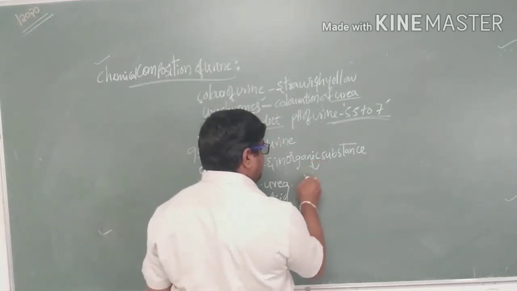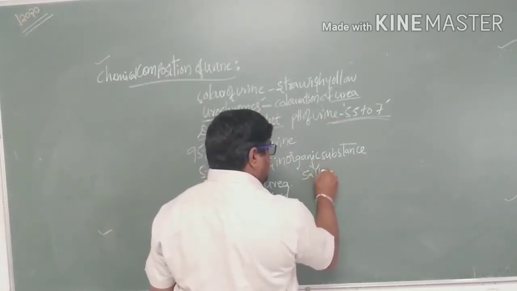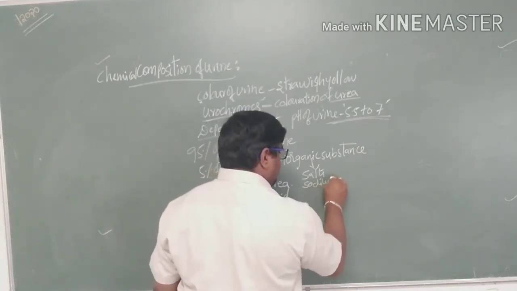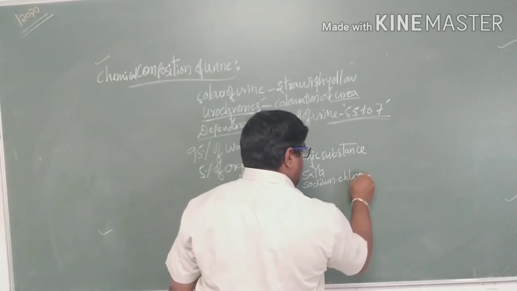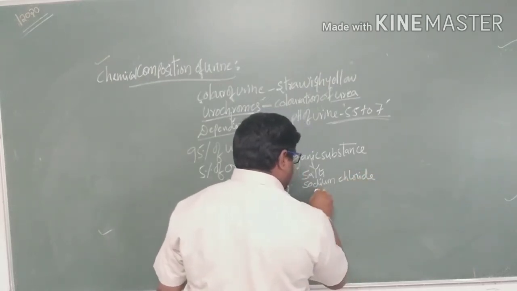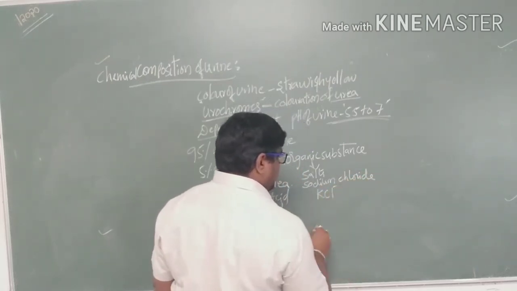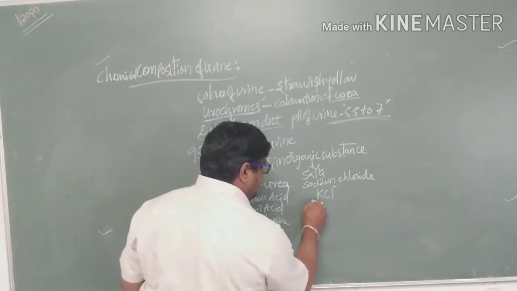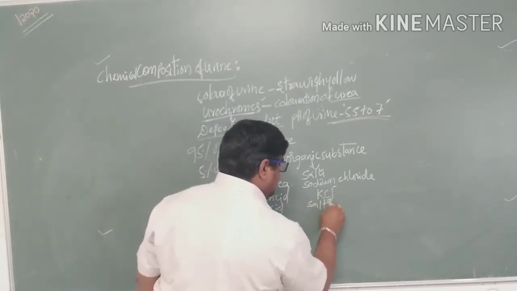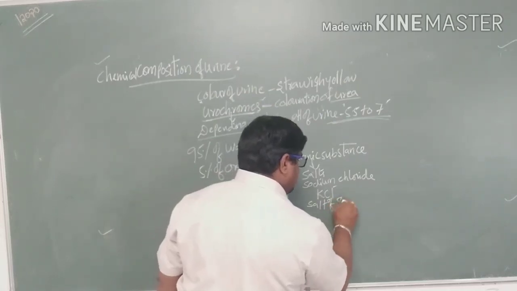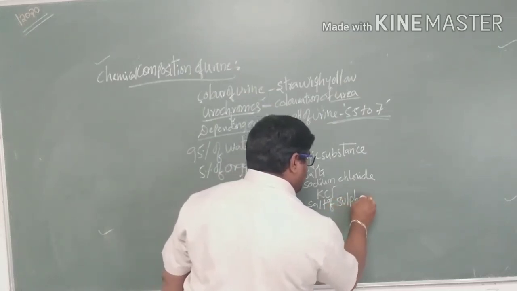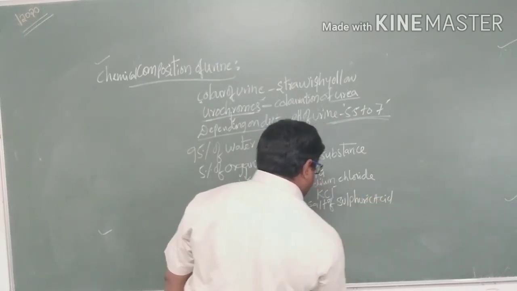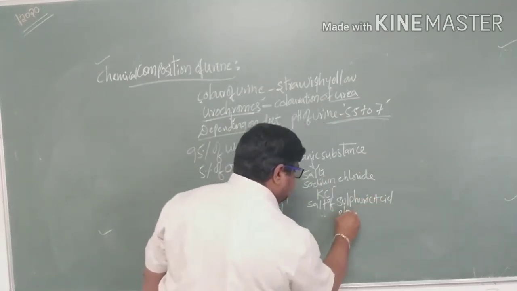Here it consists of salts such as sodium chloride, potassium chloride, salts of sulfuric acid, and salts of phosphoric acid.